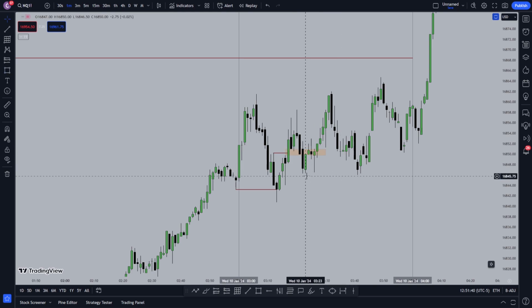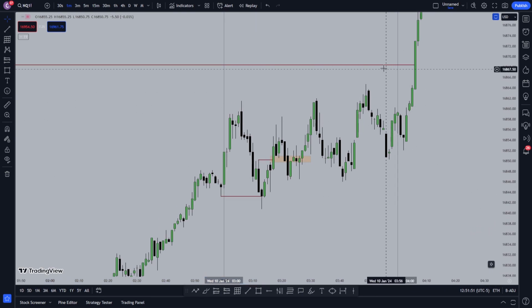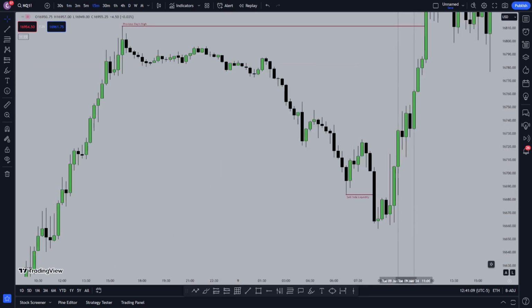So here's our fair value gap, and then from there you could take your entry when price taps into that, and then you would be aiming for the previous PM session high over here, which the draw would have been met within that time window. Alright, so over here we are looking at a continuation type of example.